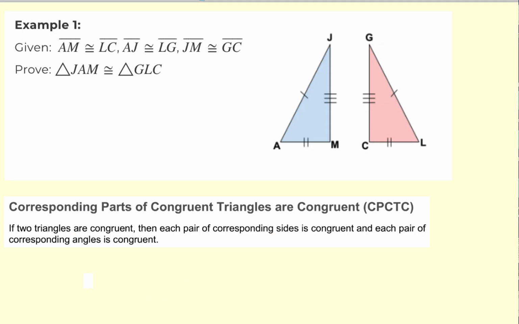Let's take a look at this. All the sides of one are congruent to all the sides of the other, so the triangles are congruent by SSS.